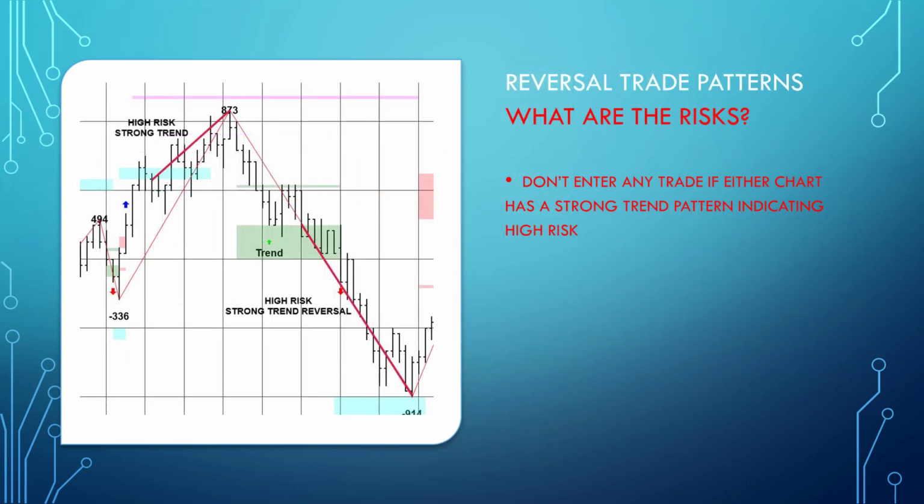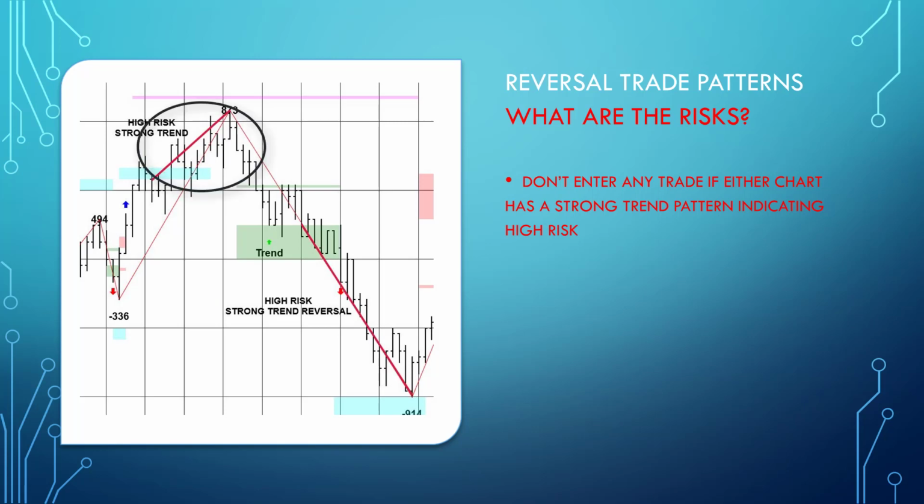So what are the risks when trading a reversal trade pattern? We use 2 charts for a reason, to identify when there is high risk on either chart. So this is a 500 tick chart, and if we had developed a pattern on the 150 tick chart, we would then reference this 500 tick chart to see if there was any areas of high risk. There would be 2 areas on this chart that identify high risk.